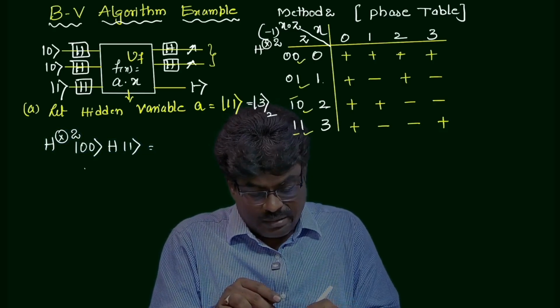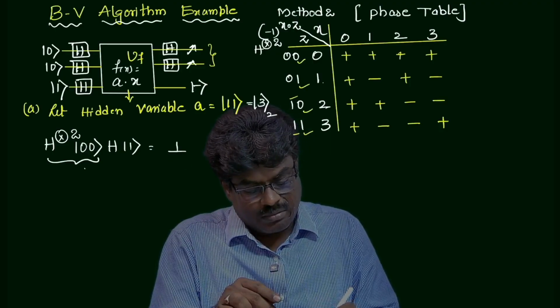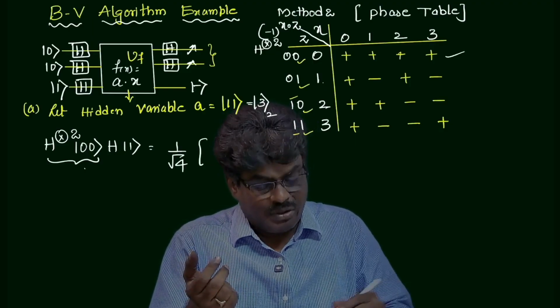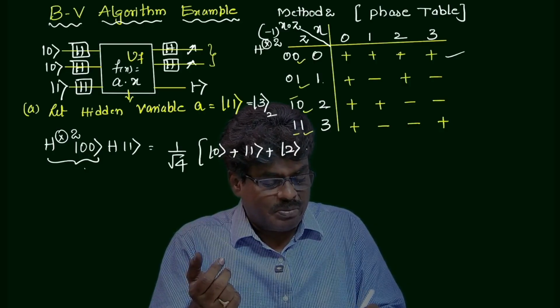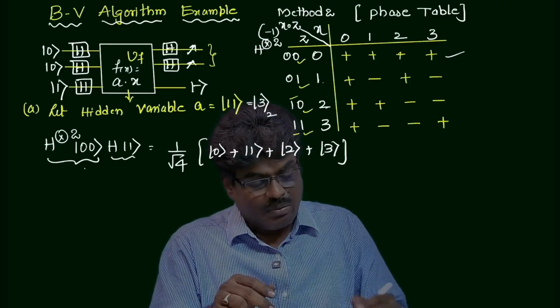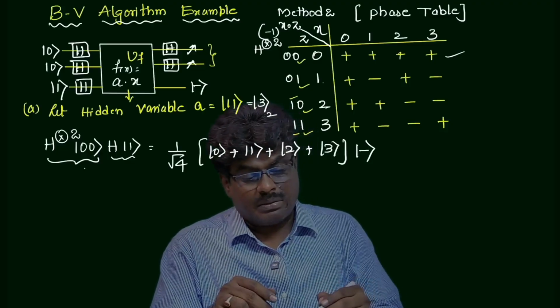Okay, ready. So H tensor 2 on 0, 0, this one, is nothing but 1 over root 4, all are plus only. Here if you observe carefully, this is 0 plus 1 plus 2 plus 3, and H on 1 is nothing but minus.